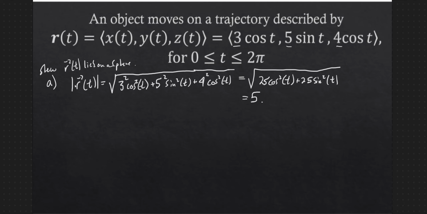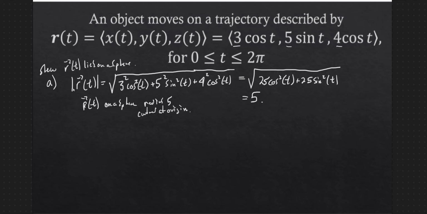So yes, we have constant magnitude of position, which means this lies on a sphere centered at the origin with radius 5. So r of t is on a sphere of radius 5, centered at the origin. Isn't that cool?